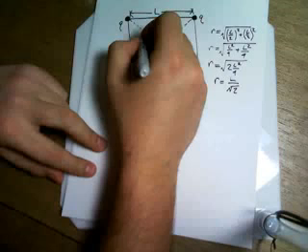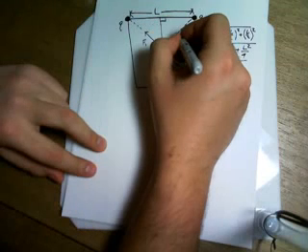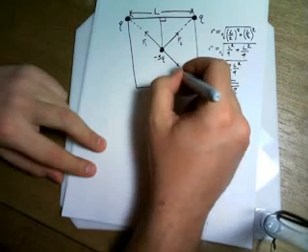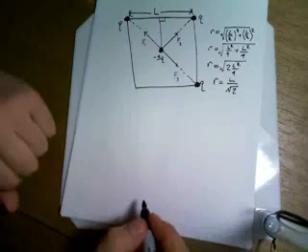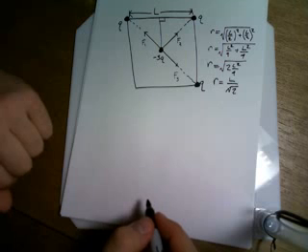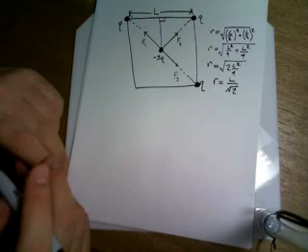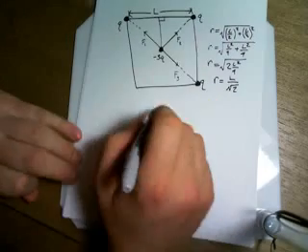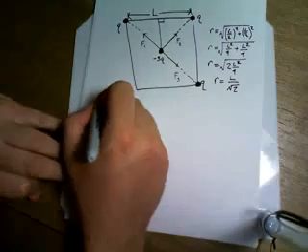And let's label this some more. This is going to be force 1, force 2, force 3. Okay, and so this isn't too difficult. We've got our radius now, and we stated before we're going to use Coulomb's law, right?